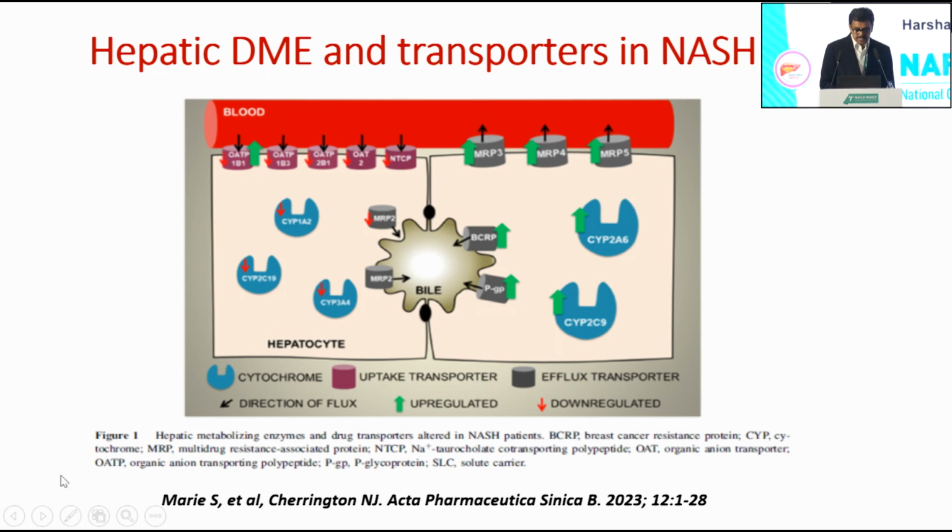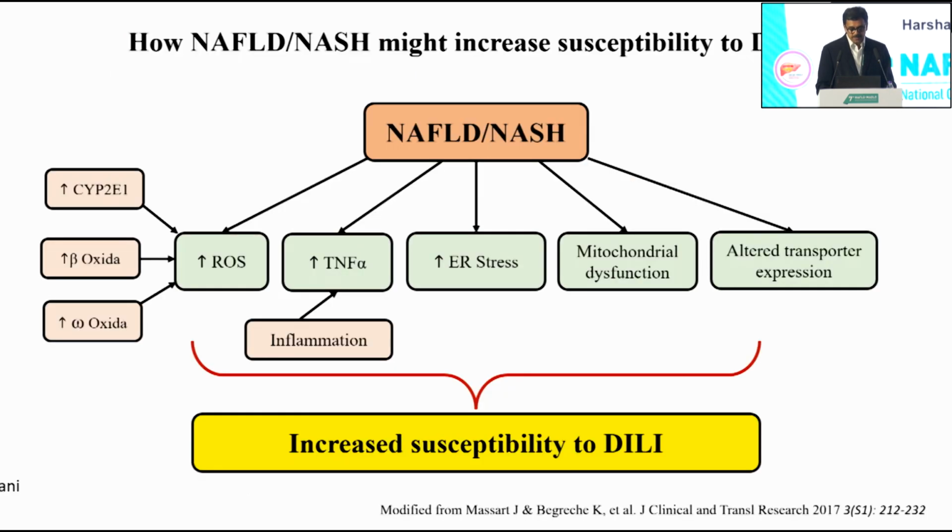And you'll find in this slide that in patients who have non-alcoholic fatty liver disease, you have perturbations in both the influx as well as efflux transporters, and also a significant impact on the CYP enzymes, particularly CYP2C19, which acts as a substrate to many of the drugs. One important example is clopidogrel. So patients who take clopidogrel or any other drugs have a decreased response to the drug when they have non-alcoholic fatty liver disease.